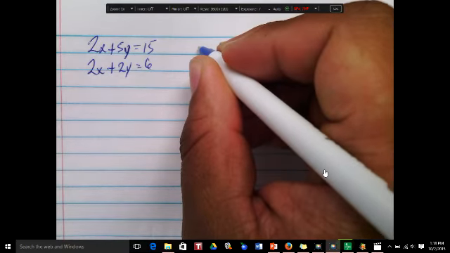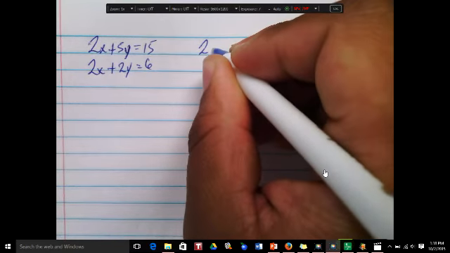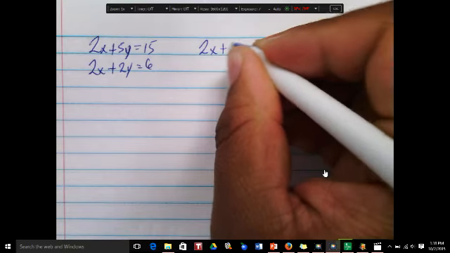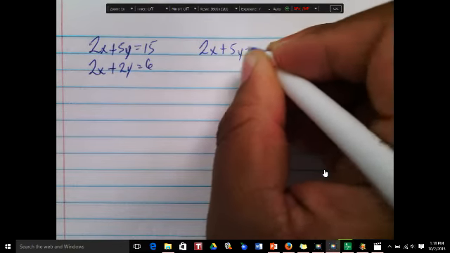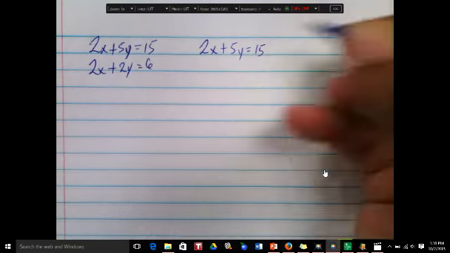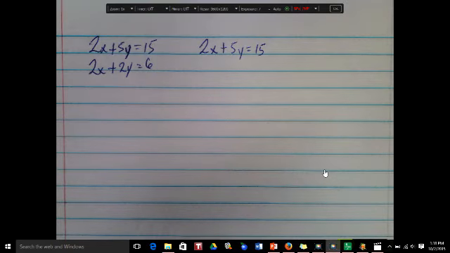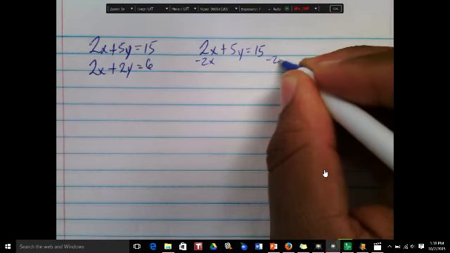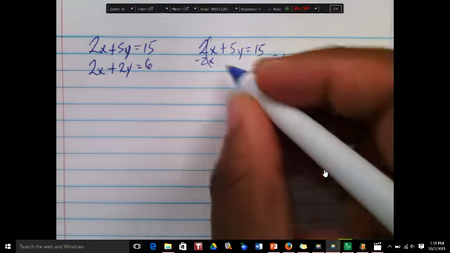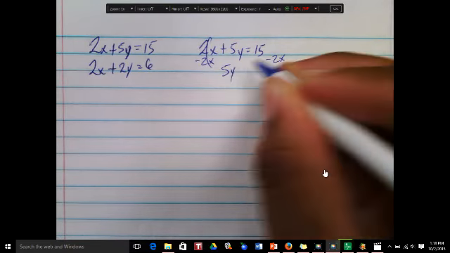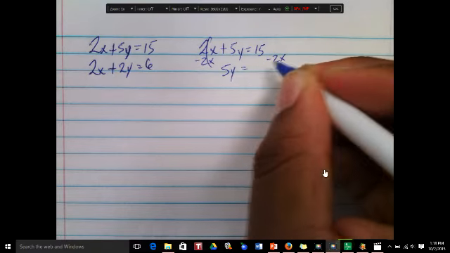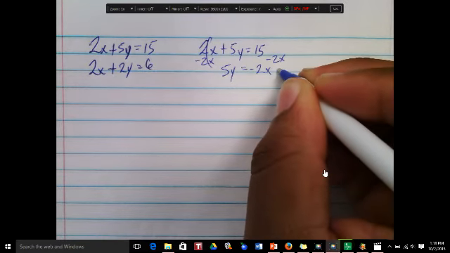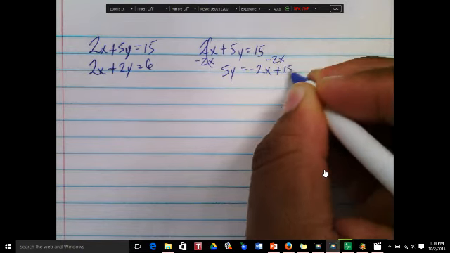Let's go ahead and do that. So we're going to rewrite both of our equations, but let's start with this one. 2x plus 5y equals 15. All right. We're going to undo this 2x by using inverse operations. Nothing new here. We're not reinventing the wheel. So we're left with 5y equals negative 2x plus 15. All right.